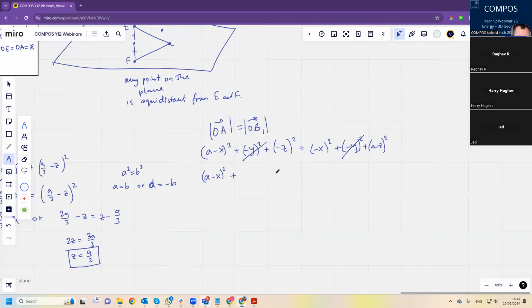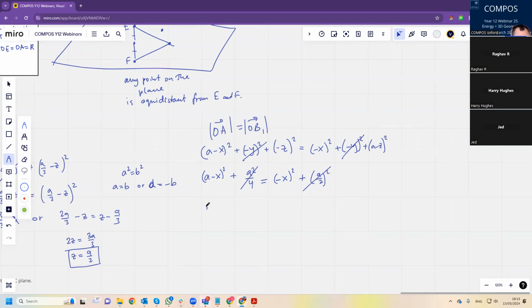So we know that z is a over 2. So a squared over 4 equals minus x squared plus a minus z, which is a over 2 squared again. Oh, that cancels. Nice.